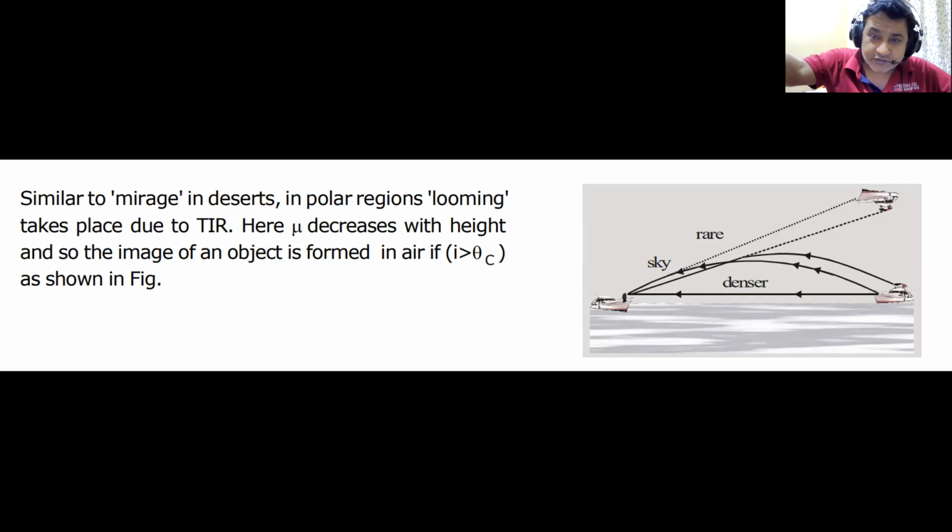An object which is on the ground looks like it is in air, and that is why you see all sorts of UFOs in polar regions. You see an image of something in air and you feel that it's a UFO. It's not a UFO, my dear friend. It's probably the image of something which is on the ground. Do we understand this? Yes, sir. Just gone above our heads. I'll give you a minute to note it down.